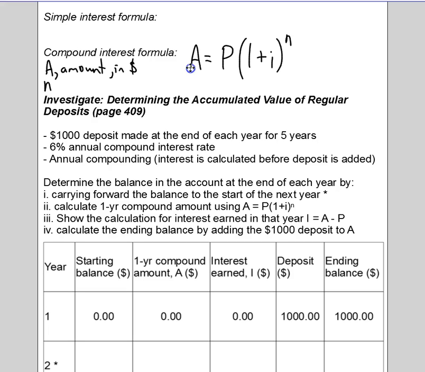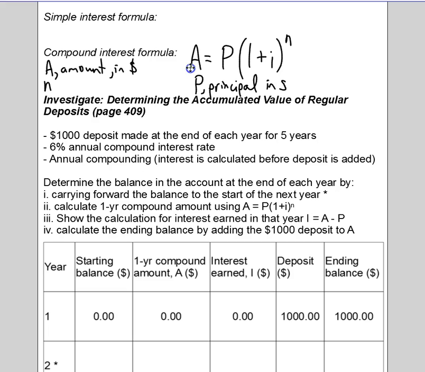It's what happens after you begin with your principal, and in the future it's worth a little bit more due to compounding. This is an exponential relationship. The growth factor would be the 1 plus i value. i is the interest rate as a decimal.